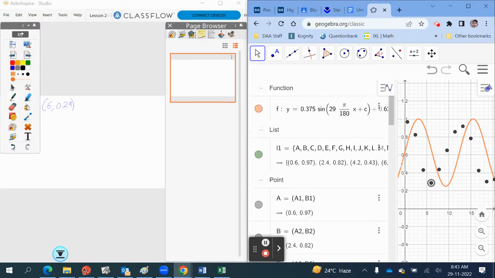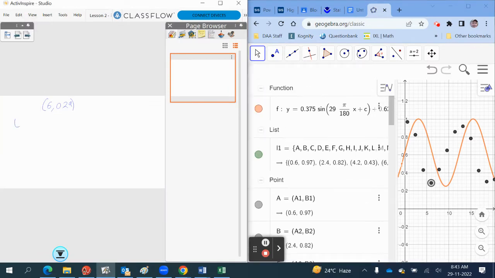Y equals 0.375 sine 29 times pi over 180 x plus c plus 0.625.